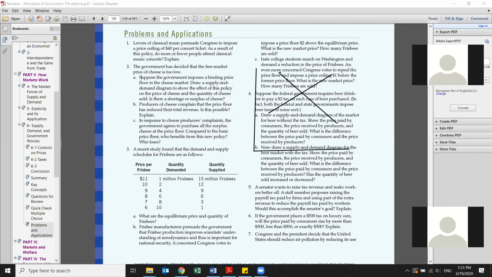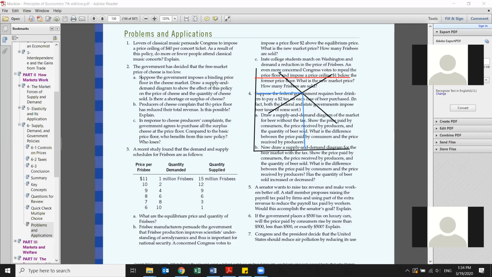And this is the price floor. And this is the equilibrium. So we can see that the price floor is above. Now, this is supply, this is demand, this is price floor. And let's see what happens to the question.